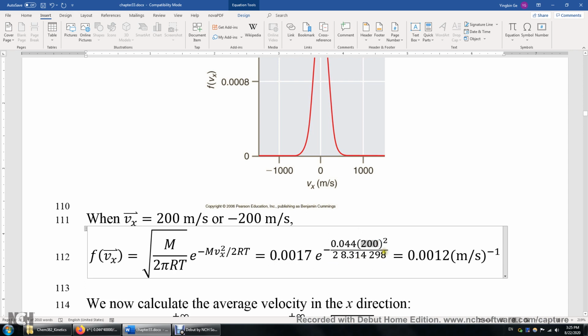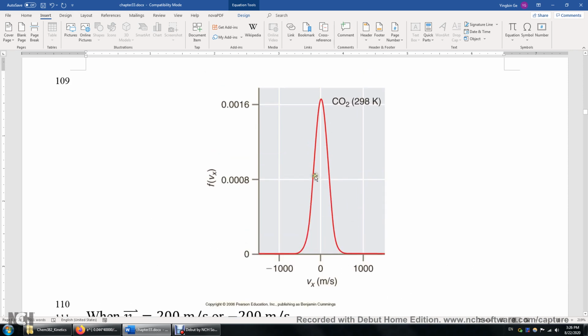We evaluate this, we get 0.0012. The unit is the reciprocal of meter per second. All right. So again, when this velocity is negative 200 or positive 200, the probability density is roughly 0.0012.